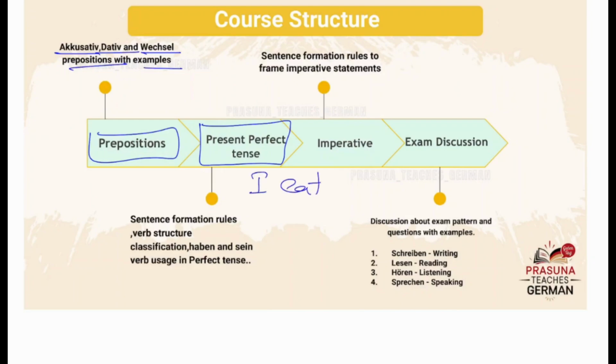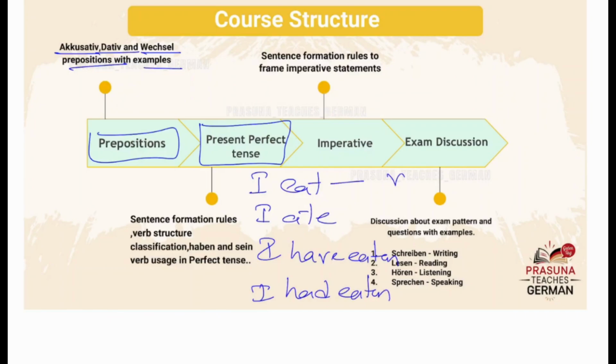I eat. I ate. I have eaten. I had eaten. In this simple example, I eat is the present tense. I ate is the past tense. I have eaten is the present perfect tense. I had eaten is the past perfect tense. The present tense we will cover in A1.